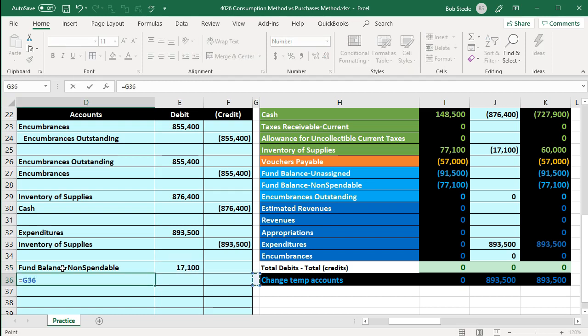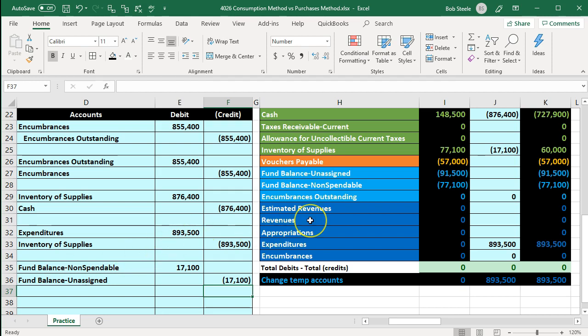The other side is going to go to the other account, the fund balance unassigned. So we're just going to reassign between the two fund balance accounts to match the net balance that is represented by the asset of inventory, which can't be spendable because it represents supplies that are going to be used. So we're going to have this item in the non-spendable.